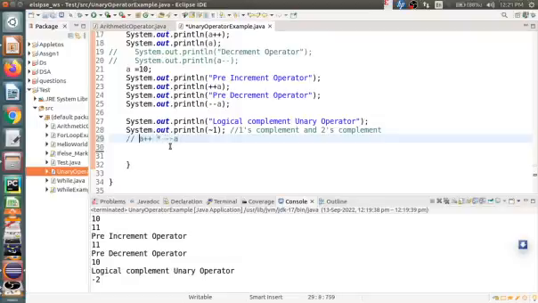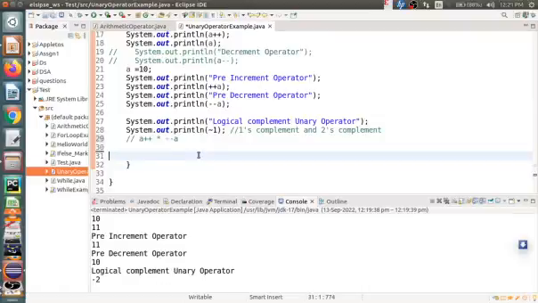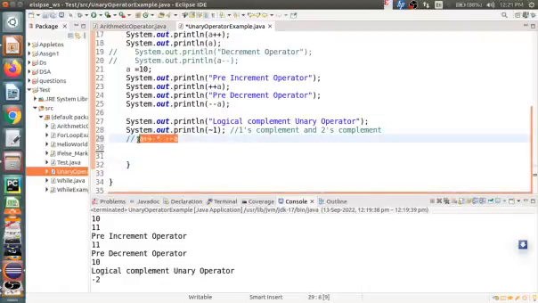Is this a valid expression? You try it out. If the initial value is 10, then what will be the value? This type of question comes, so we have to handle it if you know the concept: what is post-increment or pre-decrement operator, and what is the precedence. All these things you should know.